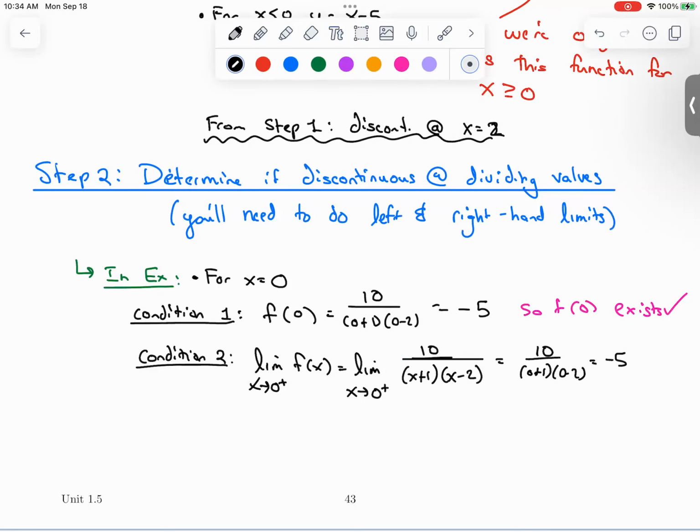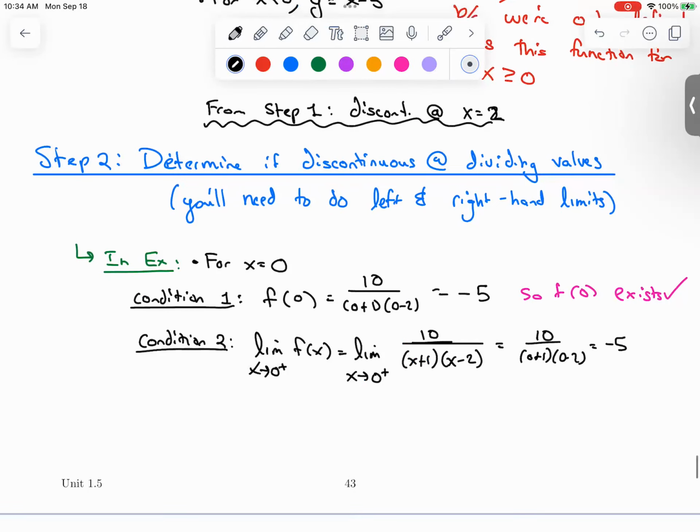So right-hand side existed. The limit as x approaches 0 from the left of f of x, that'll be the secondary function because we're approaching it for values less than 0. So this will be the limit as x approaches 0 from the left of x minus 5. Once again, a function that doesn't have any problems. It's a polynomial.